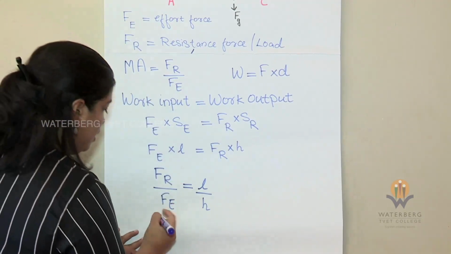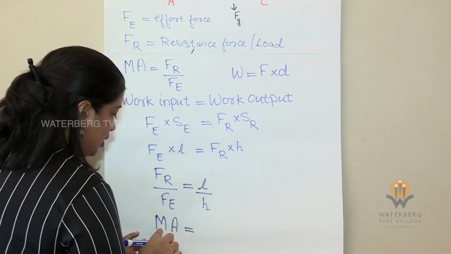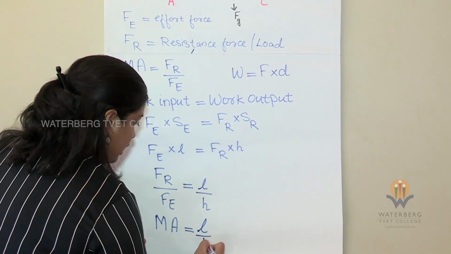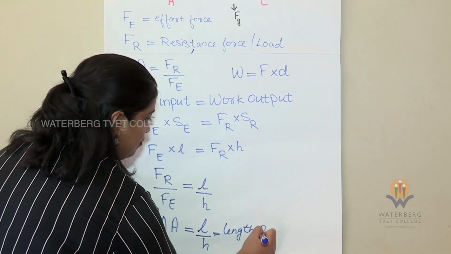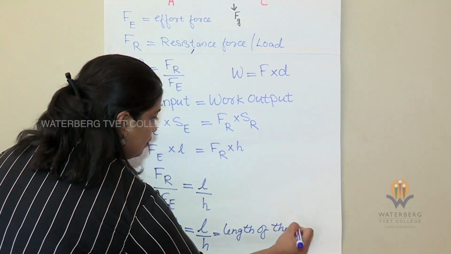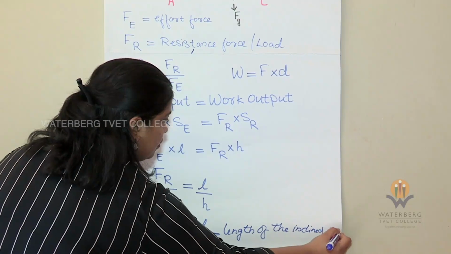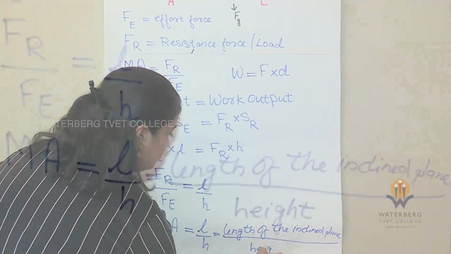Therefore, the mechanical advantage of an inclined plane is equal to L over H, which is the length of the inclined plane over the height.